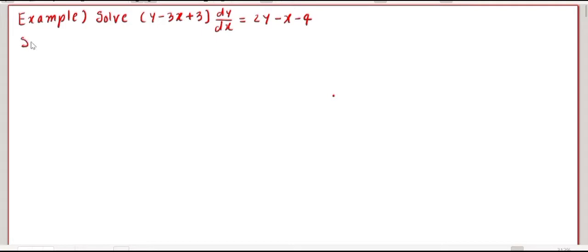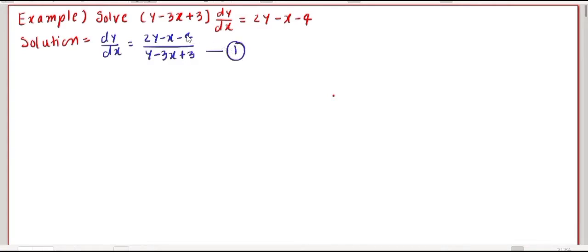So, solution: the given equation can be written as dy by dx is equal to 2y minus x minus 4 divided by y minus 3x plus 3. So this is equation number 1.